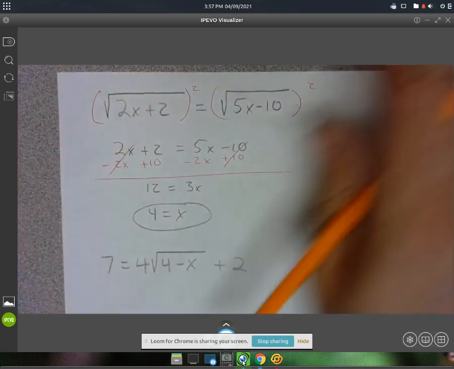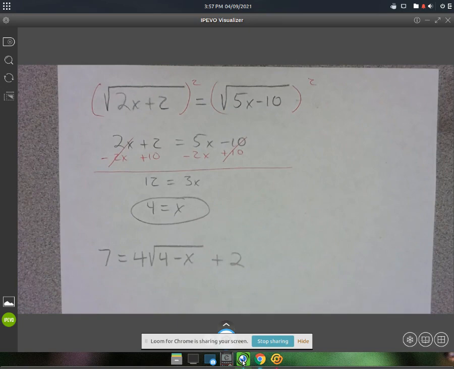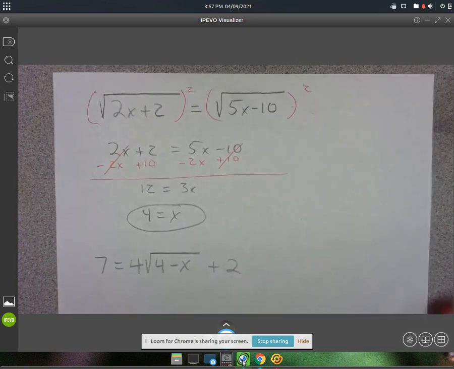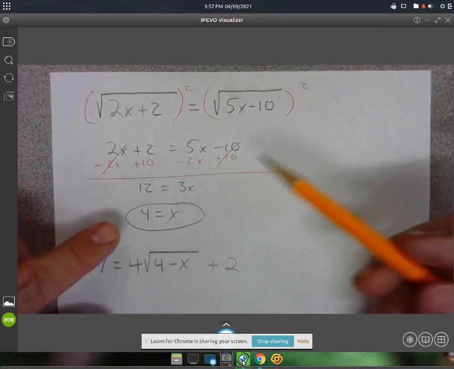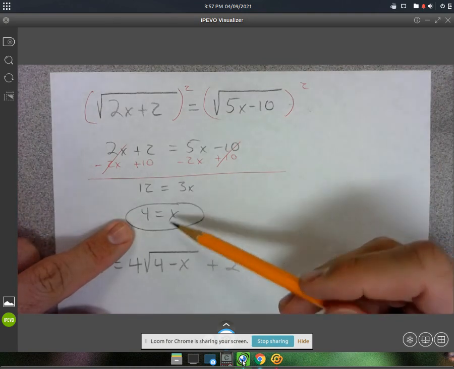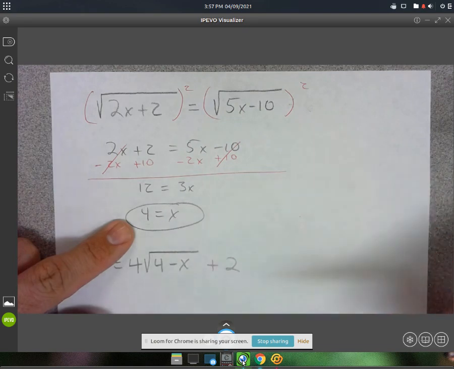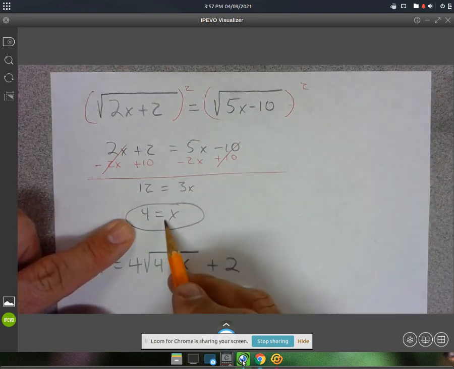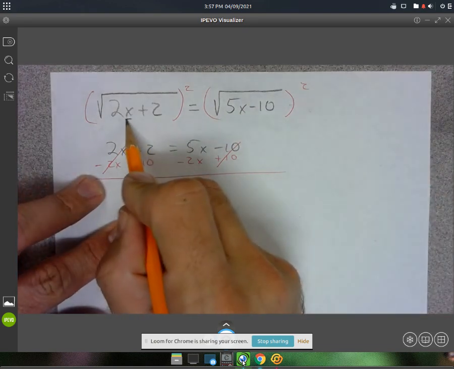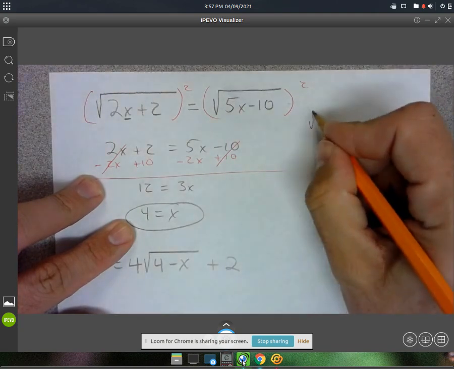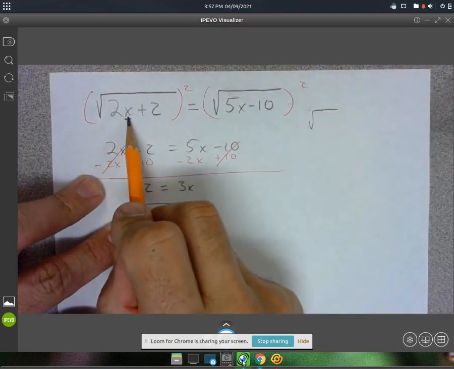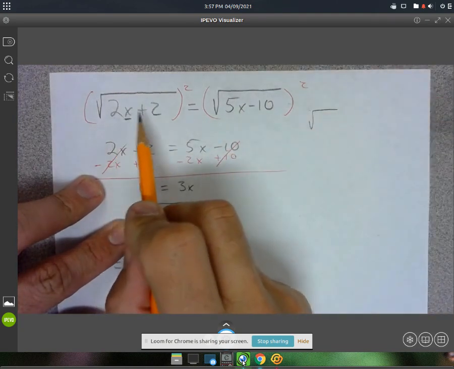Nice. Now, until you learn the ins and outs for how these things are actually going to work, what you should do is plug in your answer and make sure that the original equation balances. So take this 4, and we're going to plug that in for x. On the left side, we're going to get 2 times 4 is 8, and then 8 plus 2.